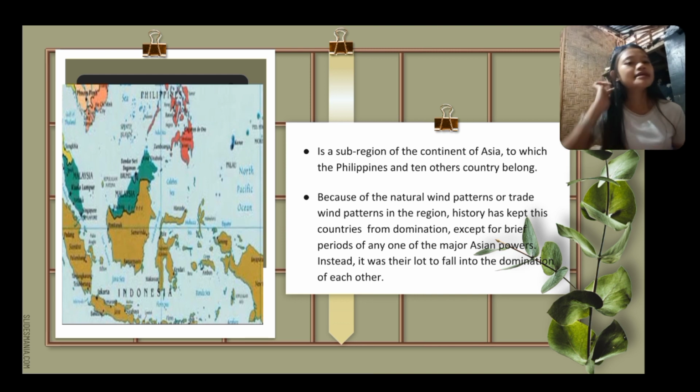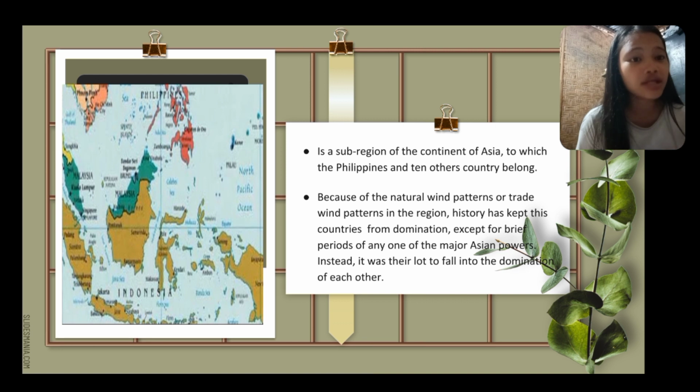Southeast Asia is a sub-region of the continent of Asia to which the Philippines and 10 other countries belong. Because of the trade wind patterns in the region, history has kept these countries from domination, except for brief periods, by any one of the major Asian powers.